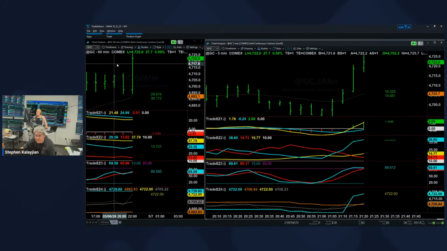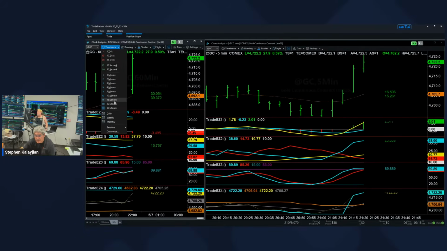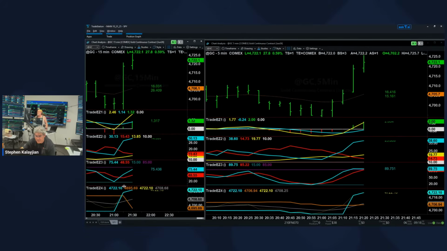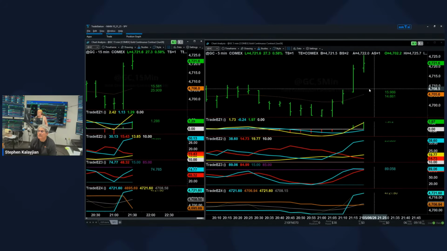Now the 15 reversed to buy here, which means you want to get long for a pullback. Hoping this thing can pull into the 16, 17. Had the right idea on the NASDAQ. How about 96 to 25?